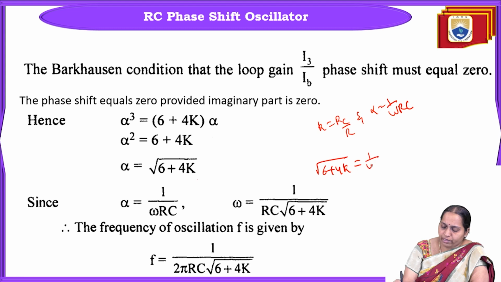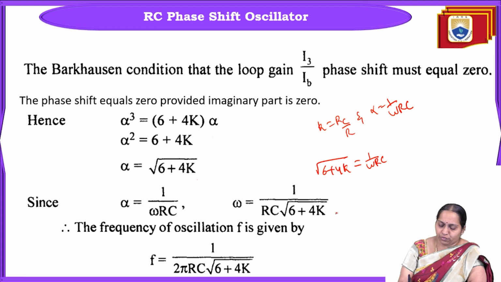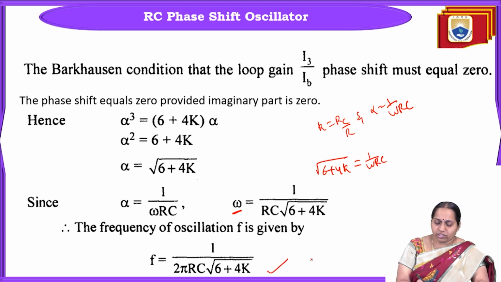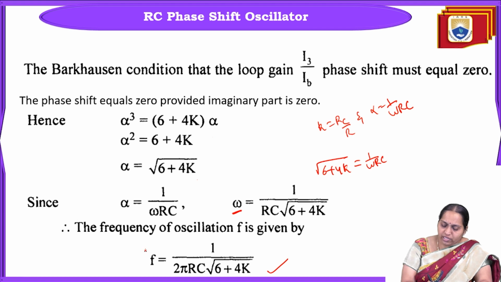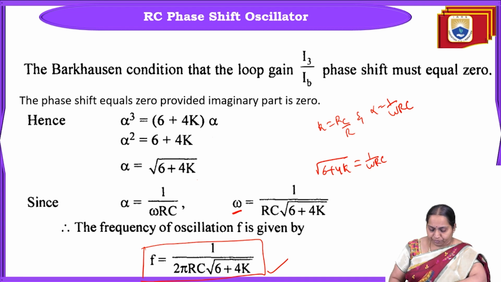What is alpha? 1 by omega RC. So from this, omega equals 1 by RC root over 6 plus 4k. And omega is nothing but 2 pi f. So f is equal to 1 by 2 pi RC root over 6 plus 4k. So this is the frequency of oscillations of the RC phase shift oscillator: f equals 1 by 2 pi RC root over 6 plus 4k.